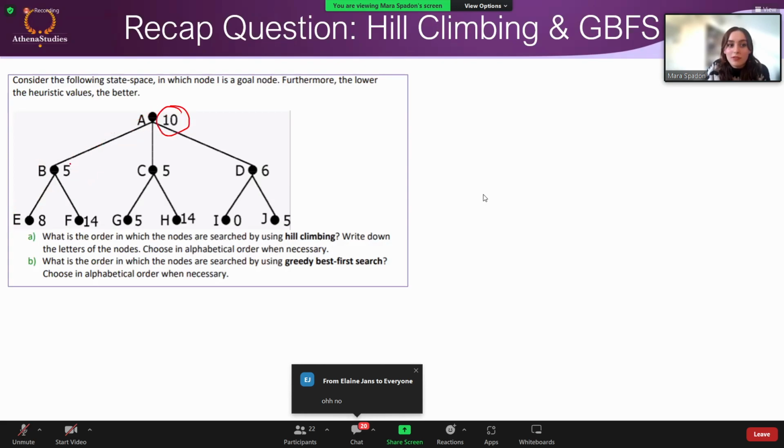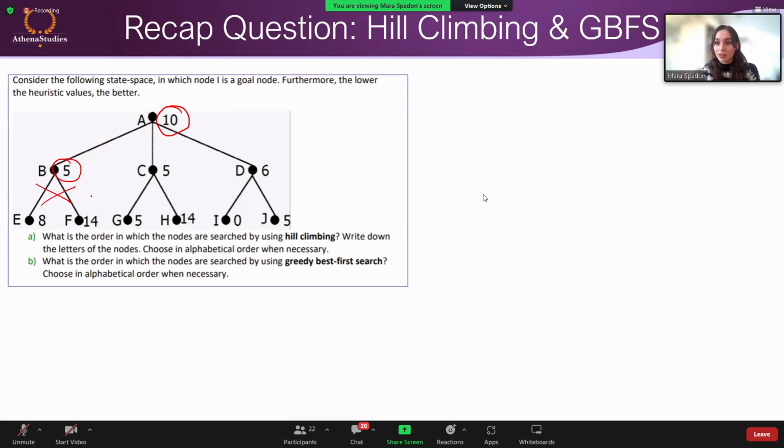So if we go from 10 to 5, that is correct. And then it will just stop. Because hill climbing does not have a memory, right? So it cannot know that, oh, yeah, I'll just go back to C, right? It cannot do that. So the order of the letters that will be visited are just A and B. And then the algorithm will terminate, so it will not find the goal.